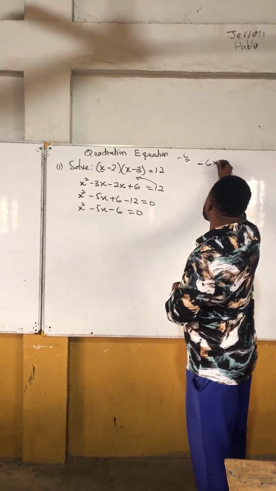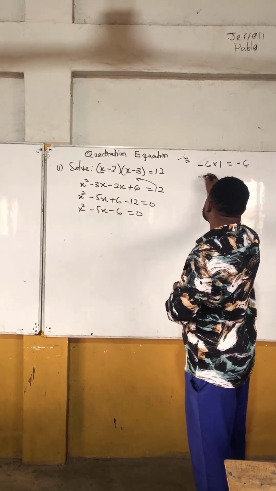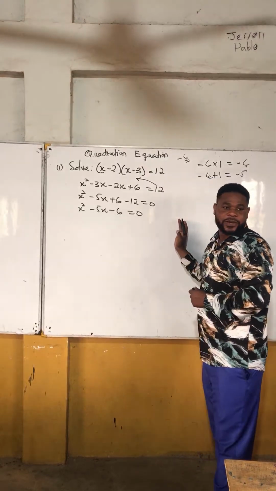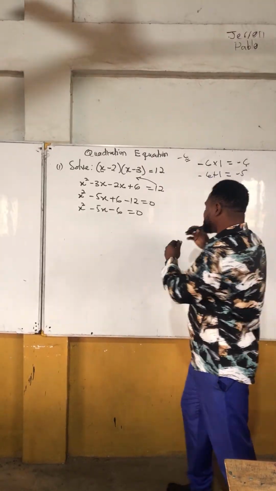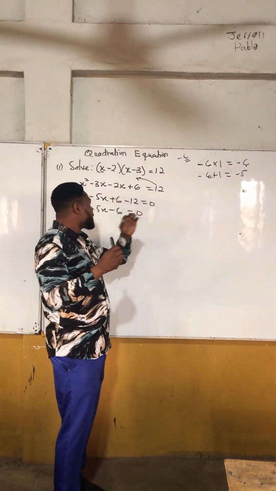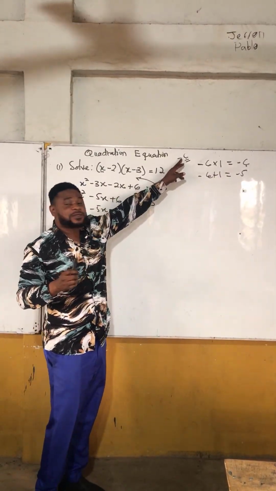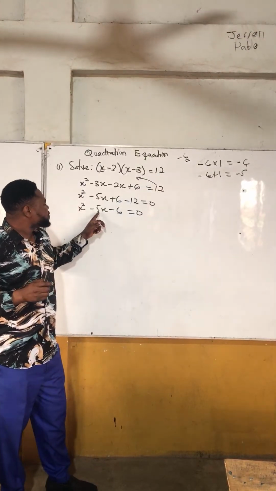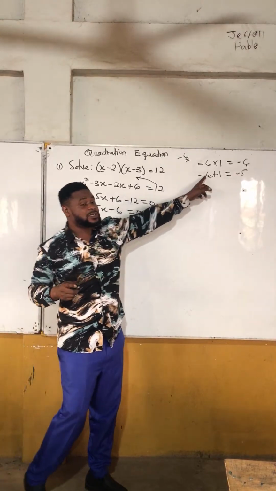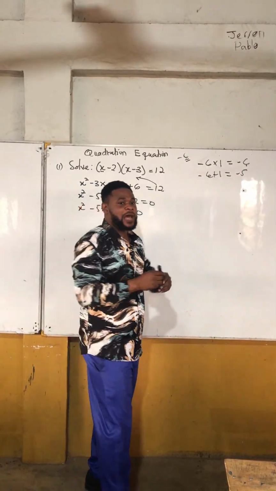So minus 6 times 1, minus 6. Minus 6 plus 1, minus 5. That is good. So it means that the numbers we are looking for, that when we multiply, we are going to have negative 6, but when we add, we are going to get negative 5, will be negative 6 and what? 1.